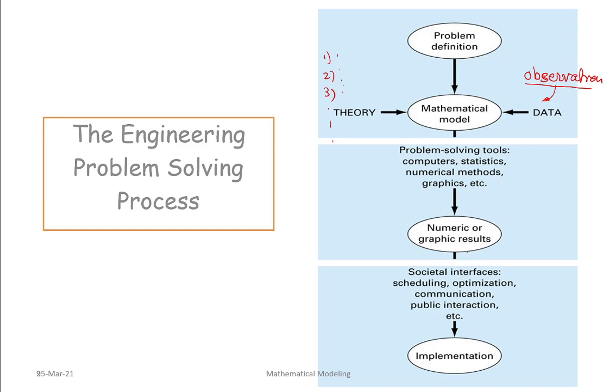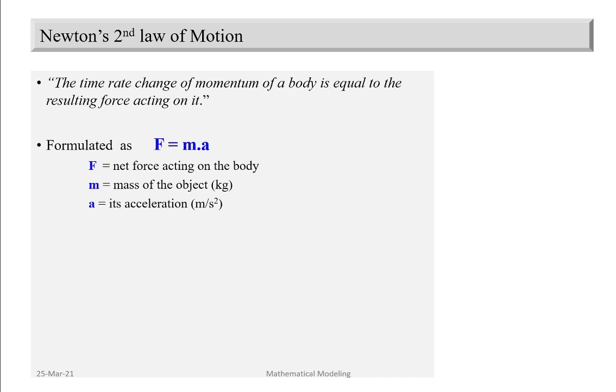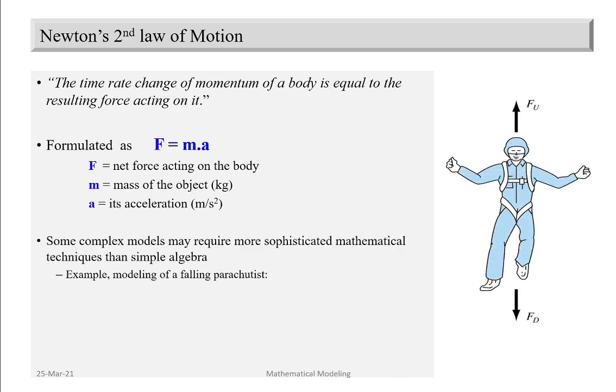And then I will get some result in numbers, or maybe in terms of graphs. Once I get these graphs, I'm going to implement them, maybe for further, more detailed applications. So this is what we'll take as a simple example, the parachute example.